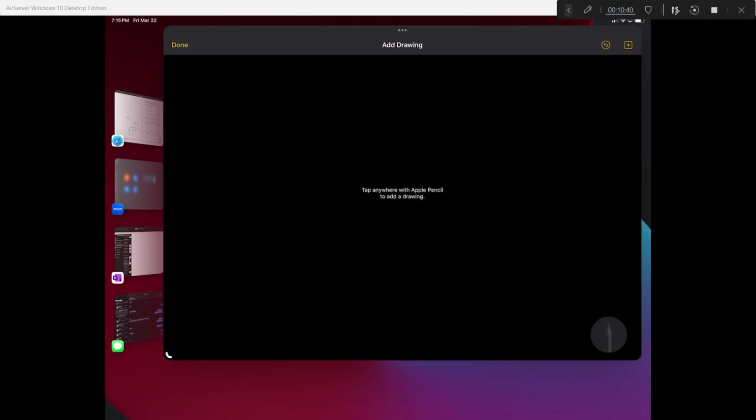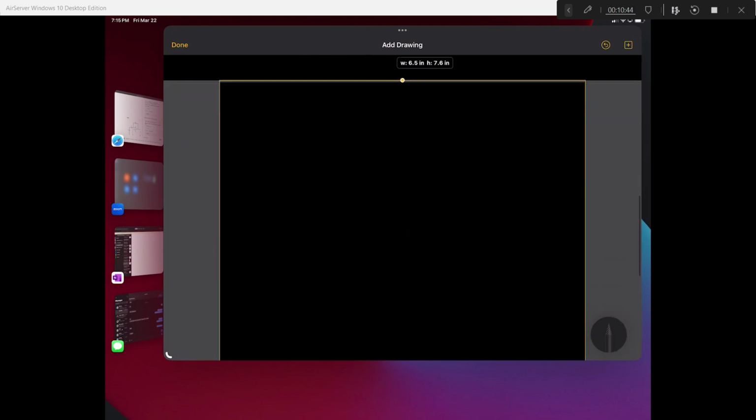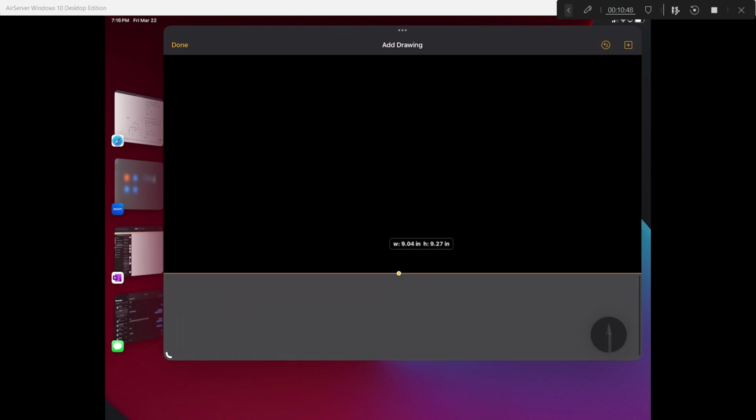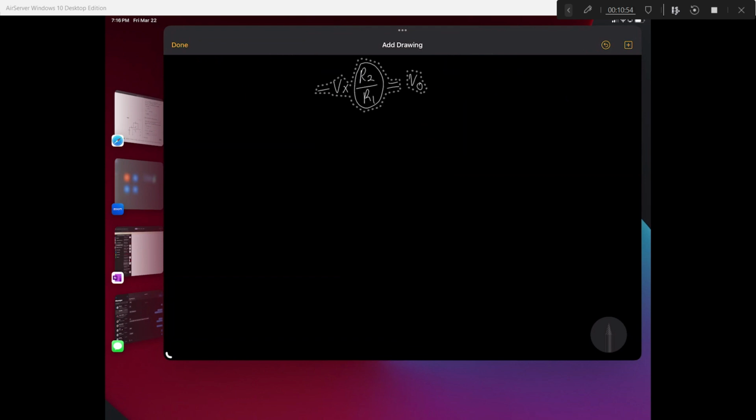I'll start off with a new slice of paper here. And here it is.